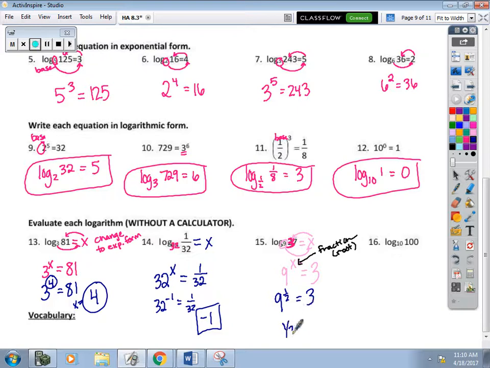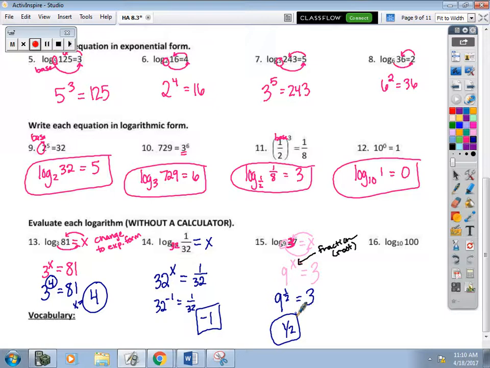Therefore, the answer is 1/2. Try the last one on your own. And then we'll take a look at actually using our calculator to find the values of ones that are not rational or integer answers.